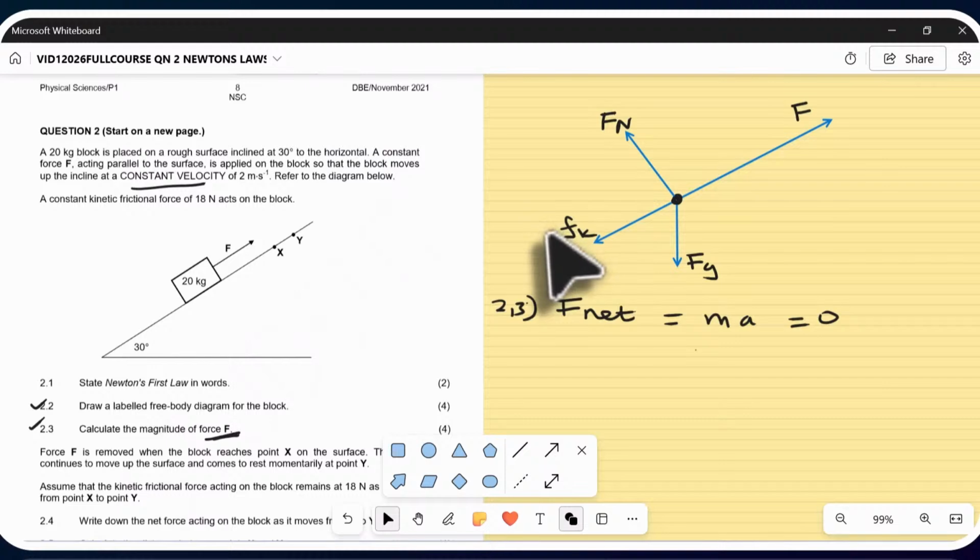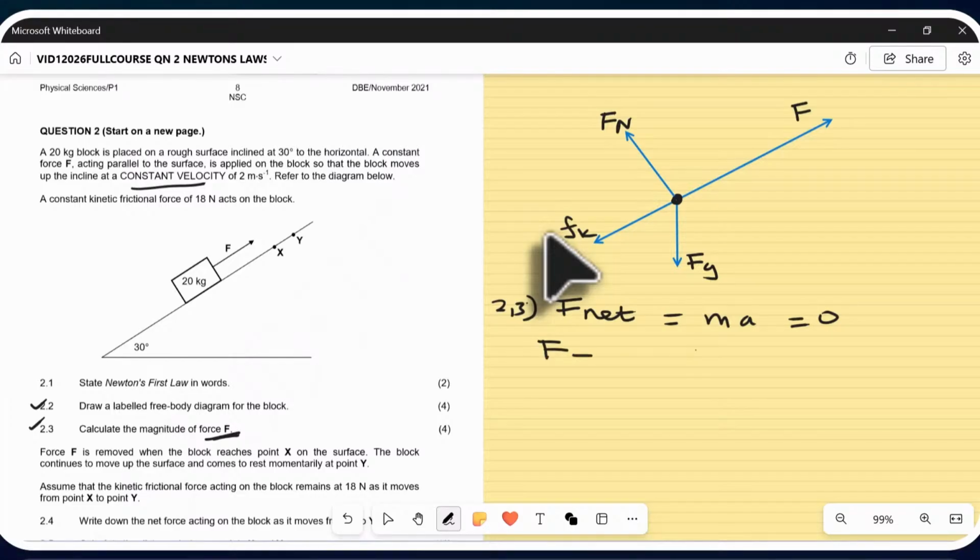But we know something else: the net force is actually the force F minus the frictional force. More than that, the weight has a component which acts parallel to the slope, which we call Fg parallel.